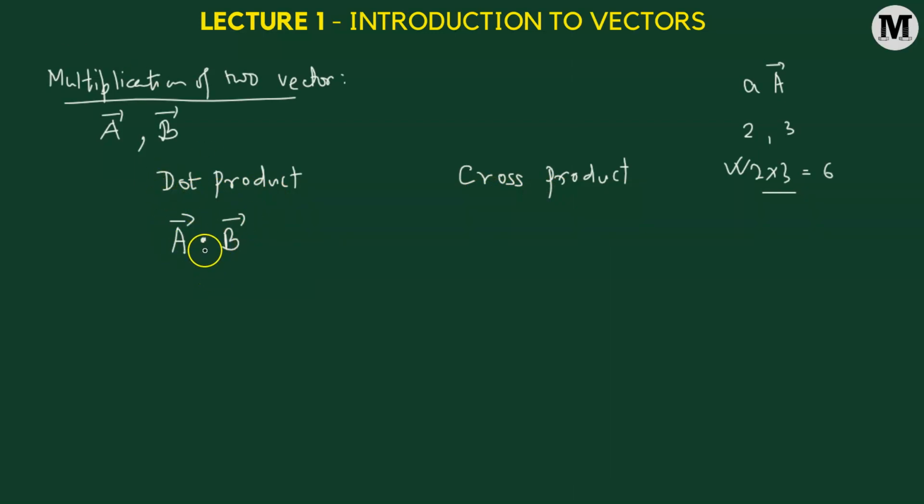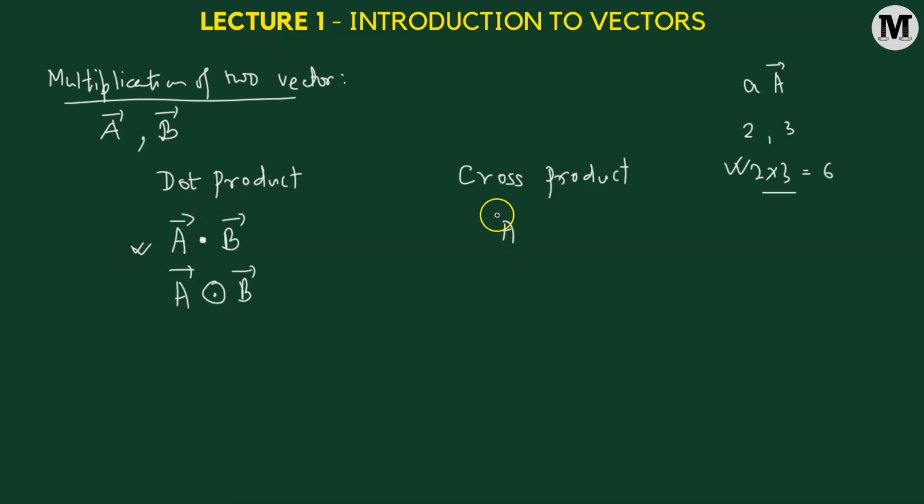Now putting a dot in between A and B suggests that we are taking a dot product, and some textbooks also write it as vector A with a dot inside a circle to represent it as a dot product between A and B. However, for our general purpose, we'll be using simply a dot between the vectors A and B, telling us that we are working with a dot product.